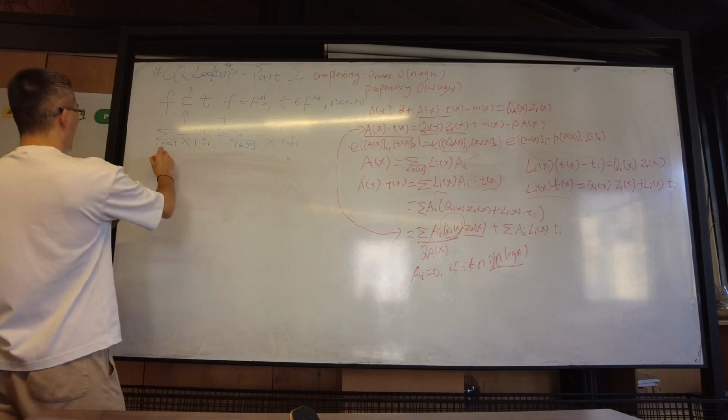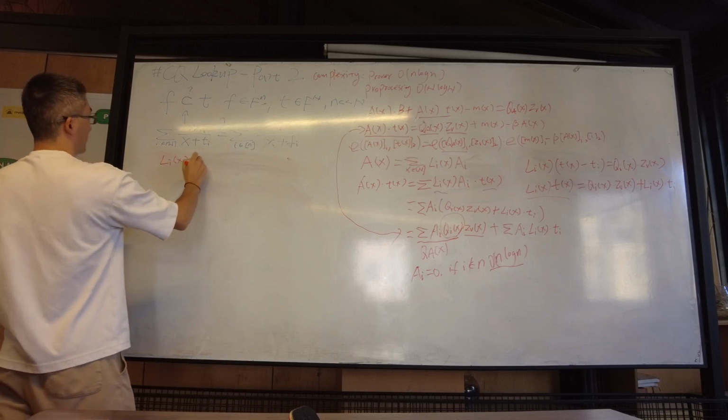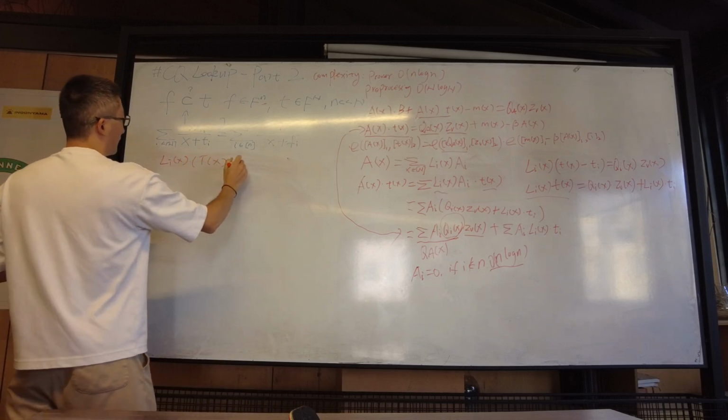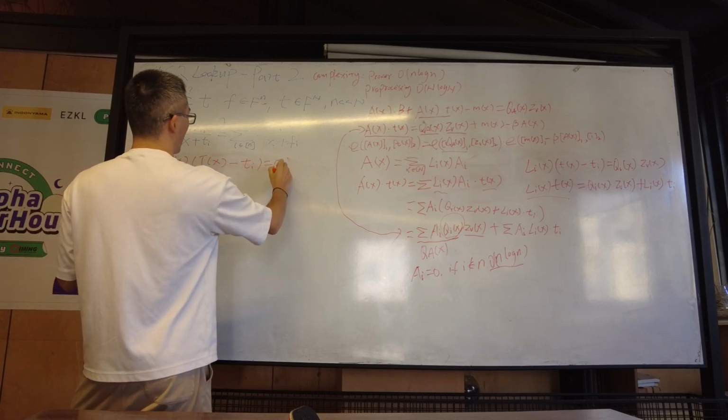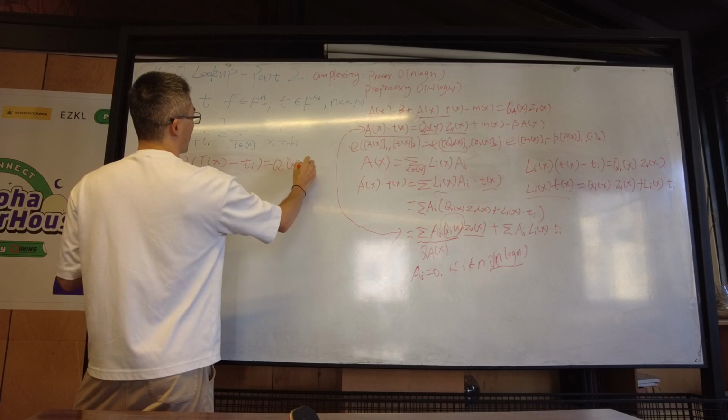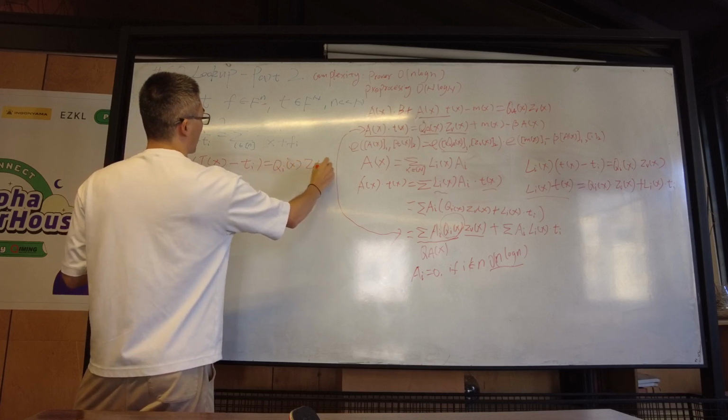We know that Li(x) (Tx minus Ti) equals Qi(x) Zv(x).